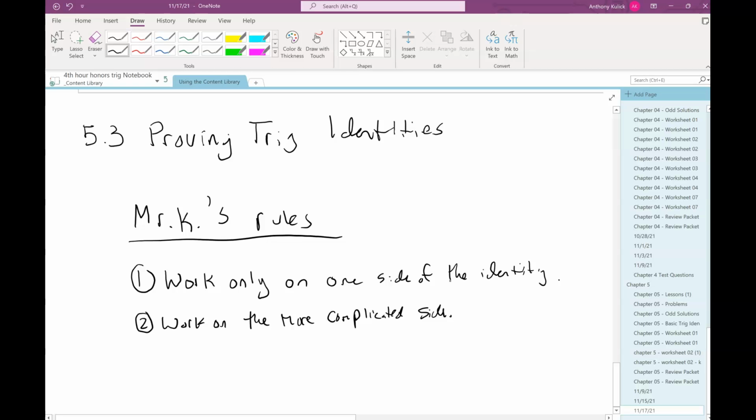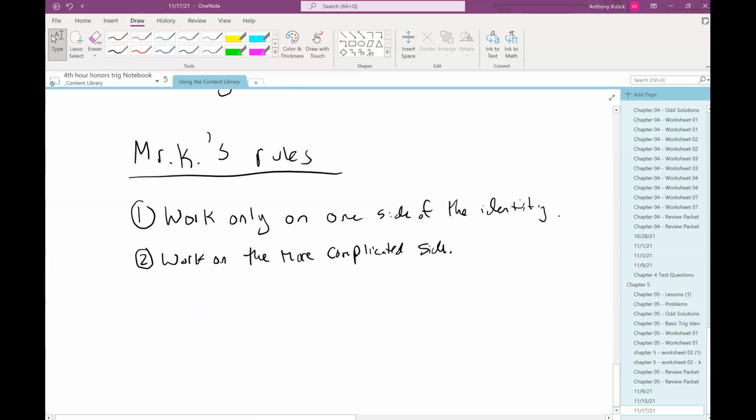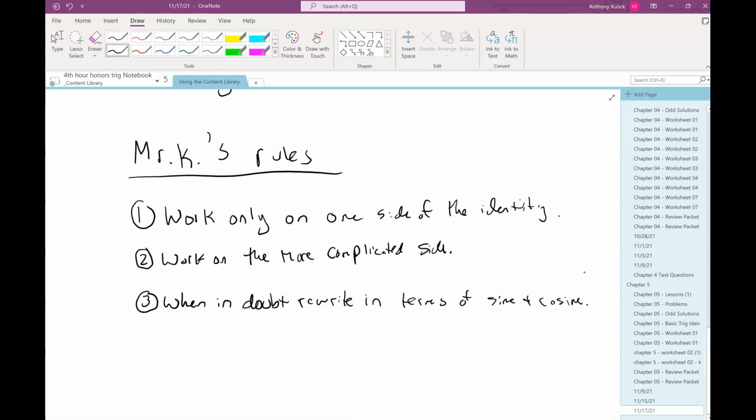So the second rule is to work on the more complicated side. Not always the best idea, but most often it's going to be the best idea. So number 3 is when in doubt, rewrite everything in terms of sine and cosine.